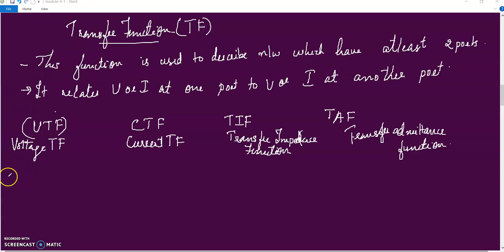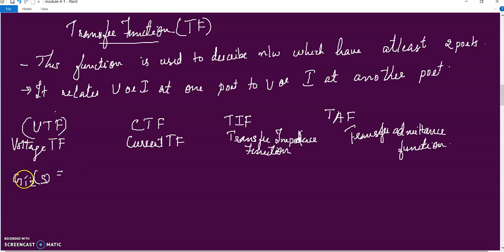So voltage transfer function can be defined as G12 of S. Transfer function means output by input, that is response by excitation. The first subscript is the input and the second subscript is the output, that is output by input.